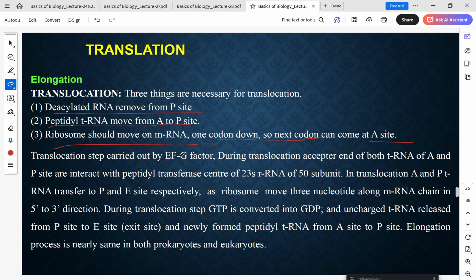This is carried out by the EF-G factor, in which the tRNAs of the A and P sites interact with the peptidyl transferase center, make a peptide bond, and then the deacylated tRNA gets released. The deacylated tRNA then moves to the E site, and the newly formed peptidyl tRNA moves from the A to the P site.